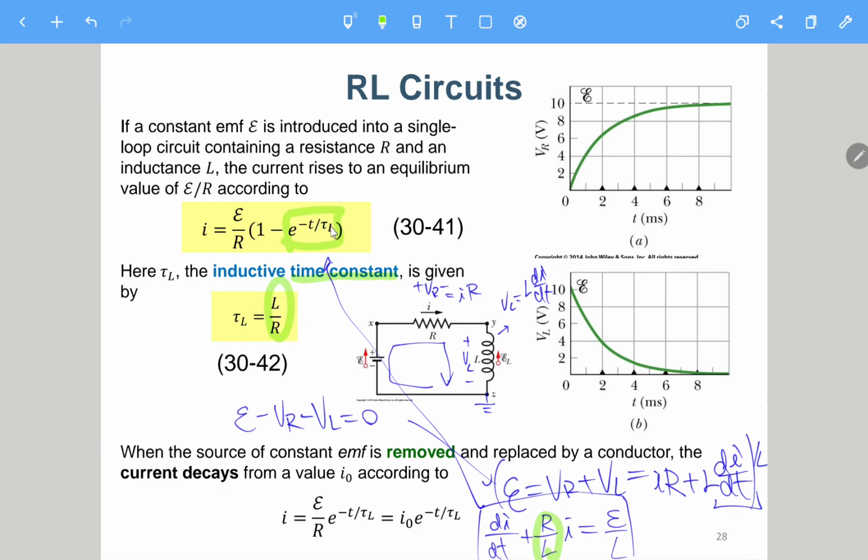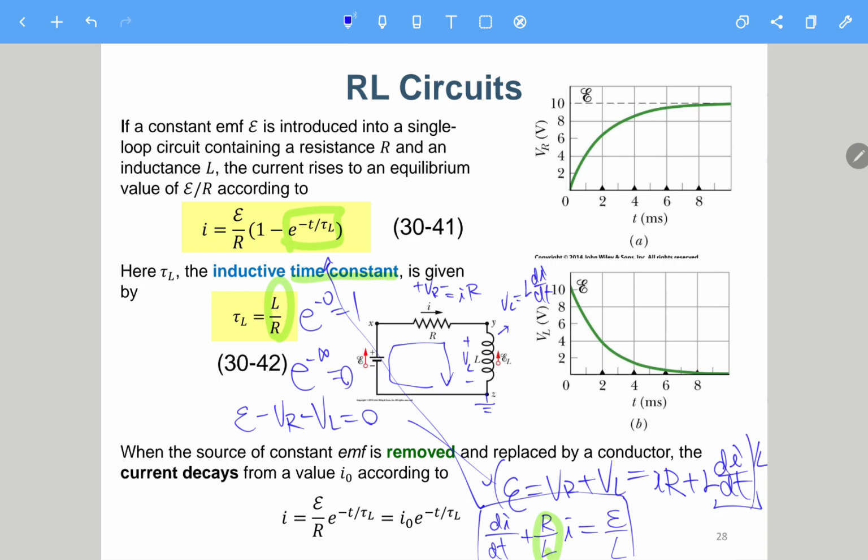So this is a negative value in the exponent. Exponential to a negative value should be less than 1. And then you can consider the smallest one when t equals 0. Exponential to negative 0 should be 1, and then exponential to negative infinity should be 0.